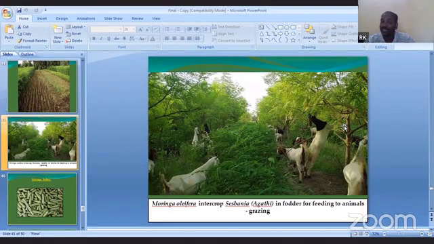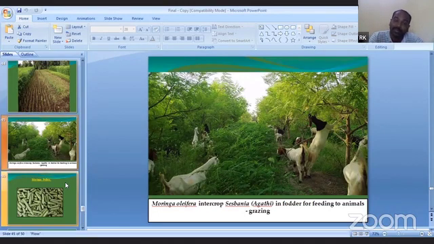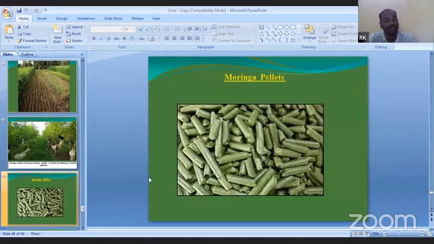That is essential here, as new branches will come, so the tree will not grow large. We maintain the hedge level at only 1 to 2 meter height for leaf fodder purposes. That is called green fodder, possible throughout the year if irrigation facilities are available. Then pellet formation is possible from the Moringa leaf.